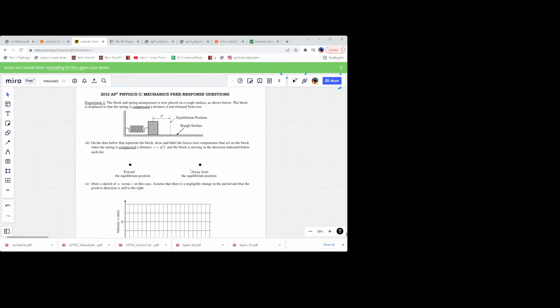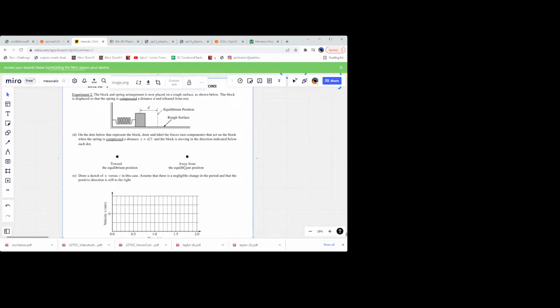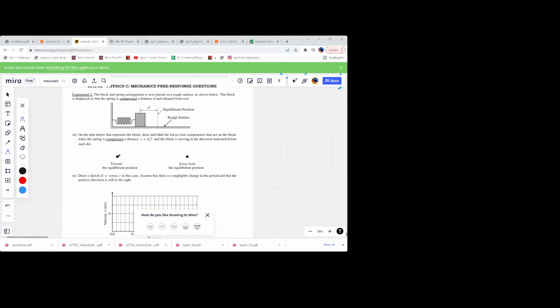Okay. Rough surface, huh? Okay, so towards the equilibrium position, friction goes this way.